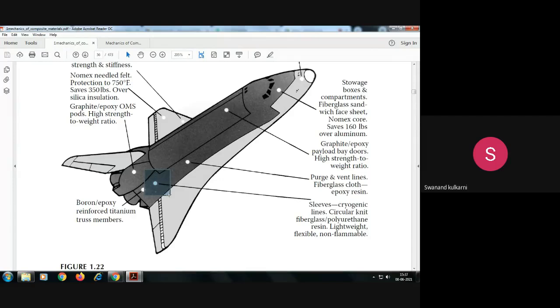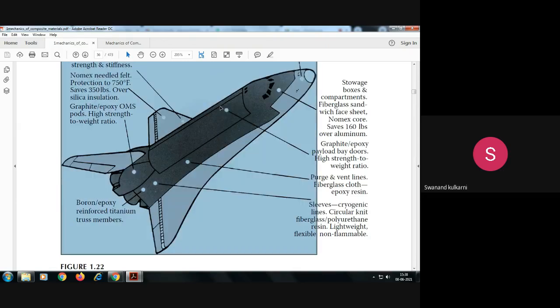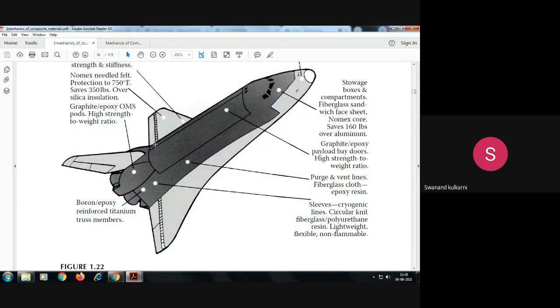The fiberglass, polyurethane resin lightweight composites are used. Then here fiberglass, epoxy resin composites are used. Then here you can see the graphite epoxy bay doors, high strength to weight ratio. Here graphite epoxy doors are also used.